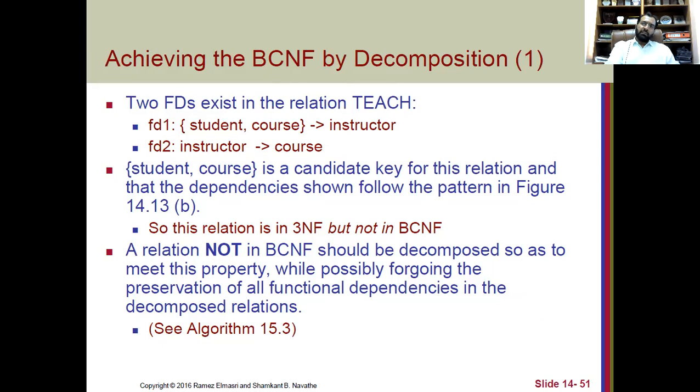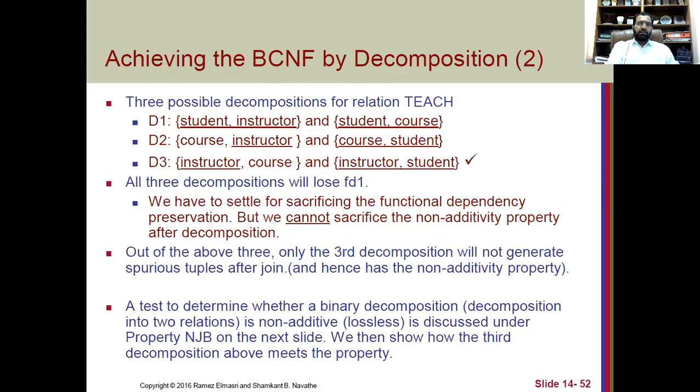Whatever relation does not follow BCNF has to be decomposed, because in the process of normalization, whenever we apply a normal form, we have to break those relations. So again, that is being applied. Three possible decompositions are there. Either you can opt for D1, D2, or D3. In D1, you can have one table for student and instructor, and a second table for student and course.